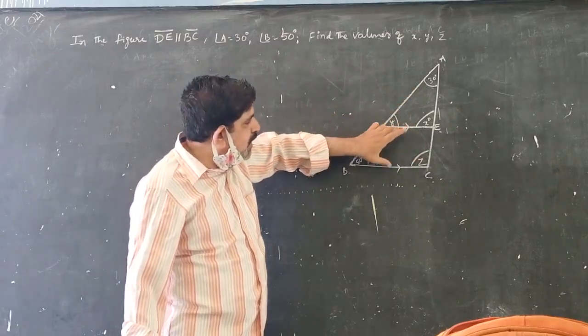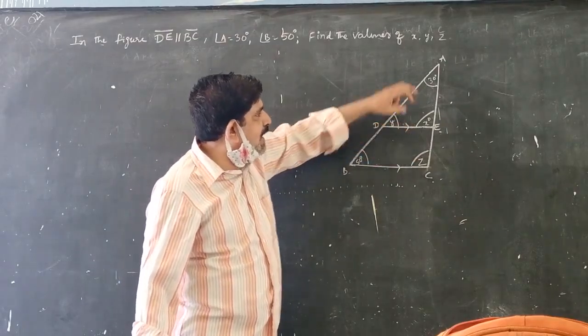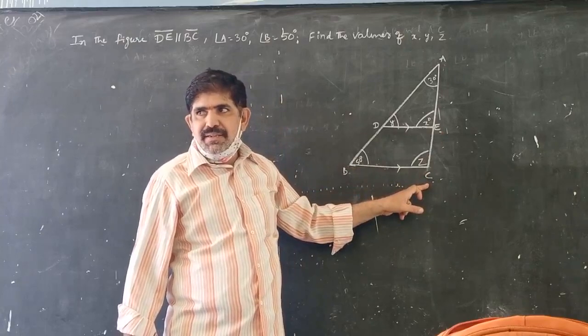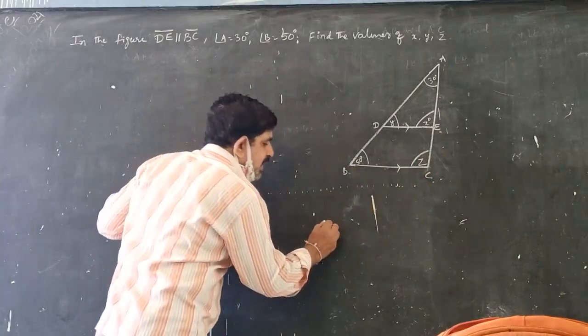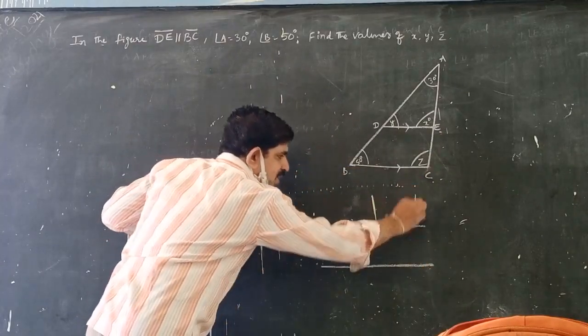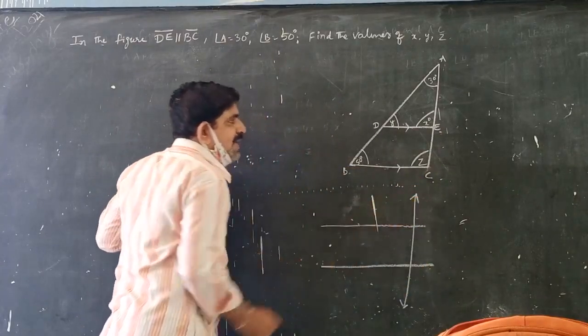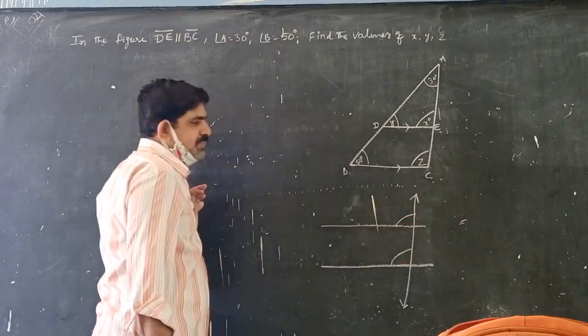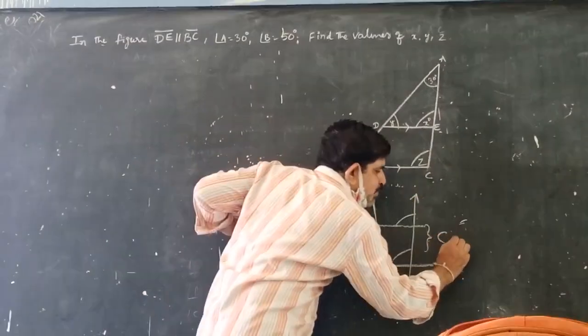If these two are parallel, then what are these two angles? These two are corresponding angles.